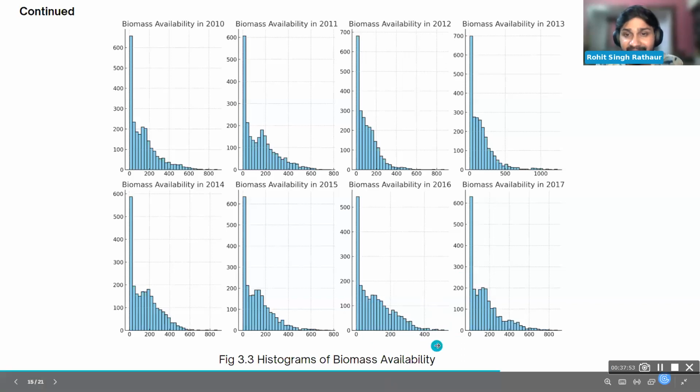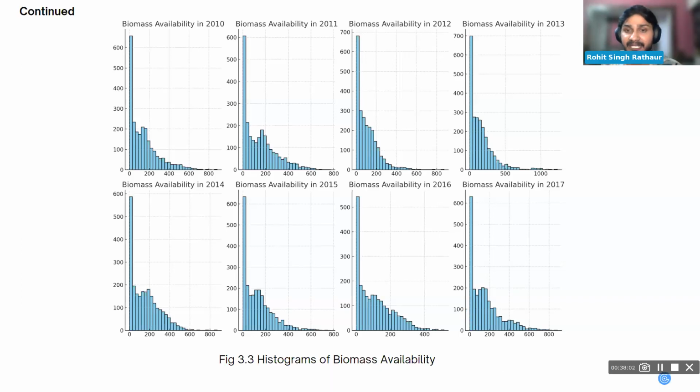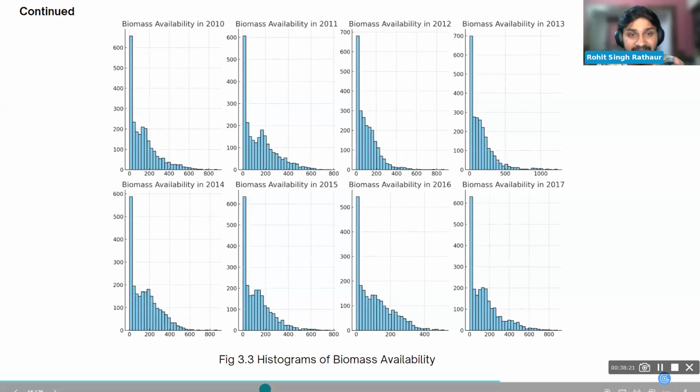Here the histogram is showing the distribution of biomass availability for each year from 2010 to 2017. So we can see that the distribution is positively skewed, with many locations having a low biomass availability and few locations having very high biomass availability.